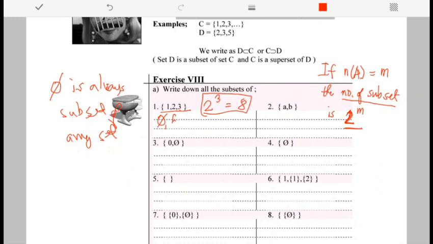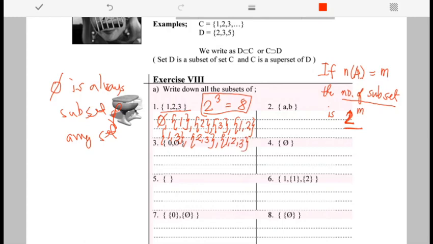And then set of 1, because that's the first element. Set of 2, set of 3, set of 1 and 2, you combine 1 and 2, set of 1 and 3, and you combine set of 2 and 3. And of course, don't forget the equal set, set of 1, 2, and 3. You rewrite the same given set.